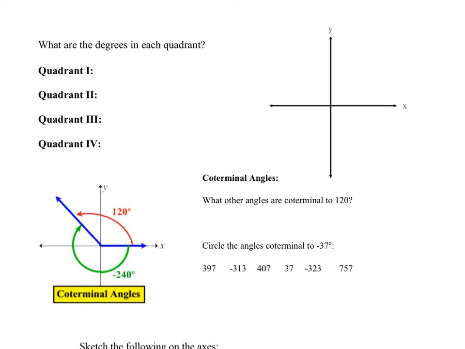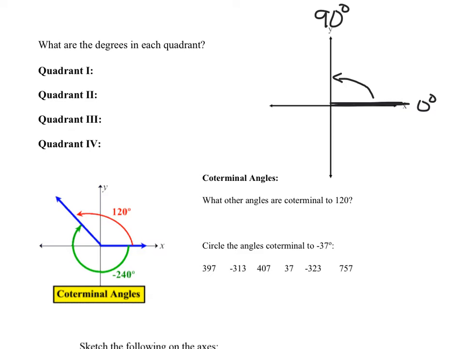Now, when I'm talking about this, we do tend to focus on positive, one rotation. So that means I'm going to say angles between 0 and 360. Angles will terminate in quadrant 1 with an angle of like 380 degrees, but I'm not going to care about that right now. We'll talk about that in a minute. So quadrant 1 starts here, that's 0 degrees, and it goes to 90 degrees, right at the y-axis, that's our 90-degree quadrantal angle.